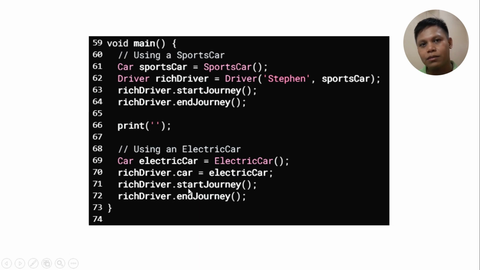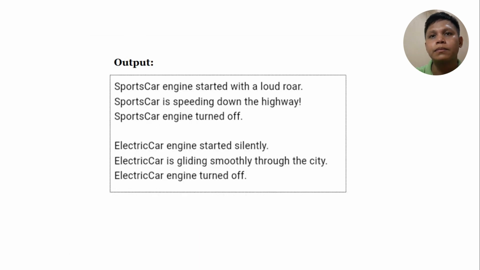And then again, we call the methods start journey and end journey. Now, despite calling the same methods twice, start journey on lines 63 and 71, and end journey on lines 64 and 72, it's going to render a different output, as you can see in the next slide.